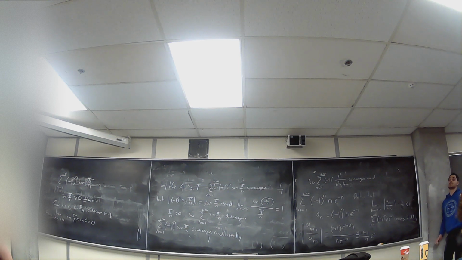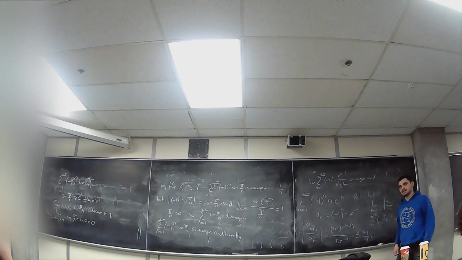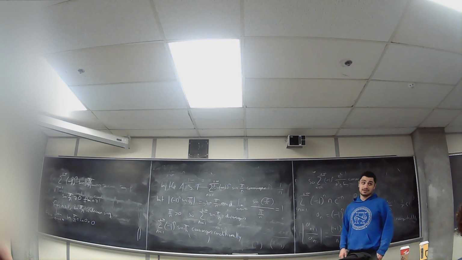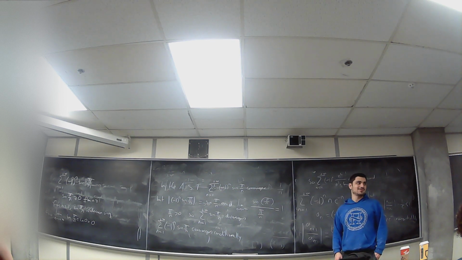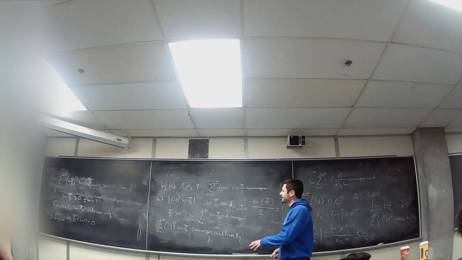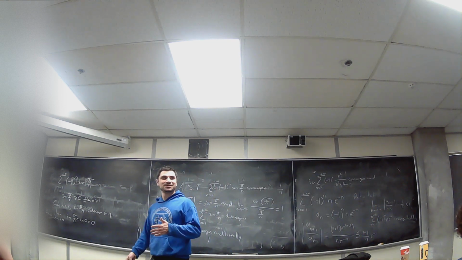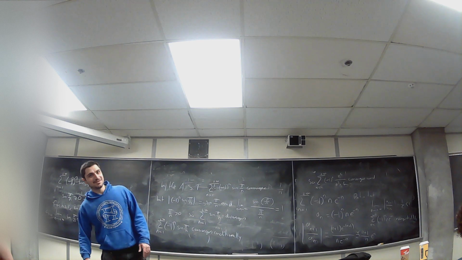Divergent, yes? Diverges or converges? Why does it diverge? Not because the alternating series test doesn't work. I don't want to see that. This is not true. You cannot say that if the alternating series test doesn't work, then it diverges.